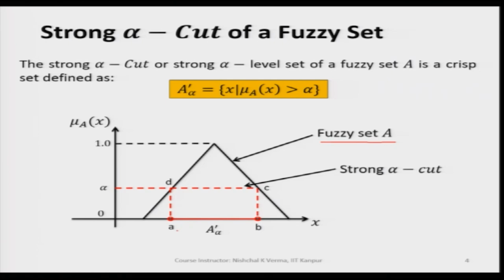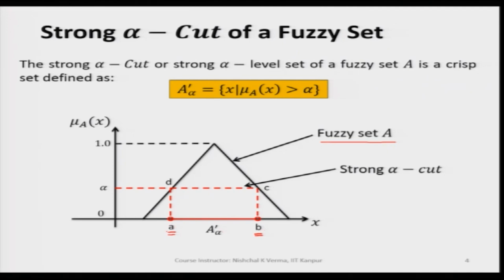So, as we have already discussed in the alpha cut, the line A and B here will be the strong alpha cut, but the terminals of this line, the start of this line at A and the end of this line at B, will be represented by a hollow circle. It means the point A is not included and B is not included.